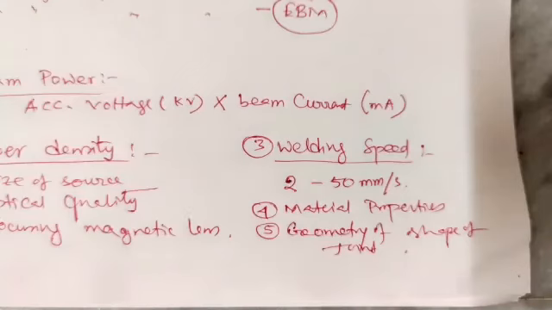Then if a defocused beam we are sending, it cannot penetrate, and the material at low welding speed will be heated only by conduction of heat from the surface, which will produce a hemispherical melting zone.